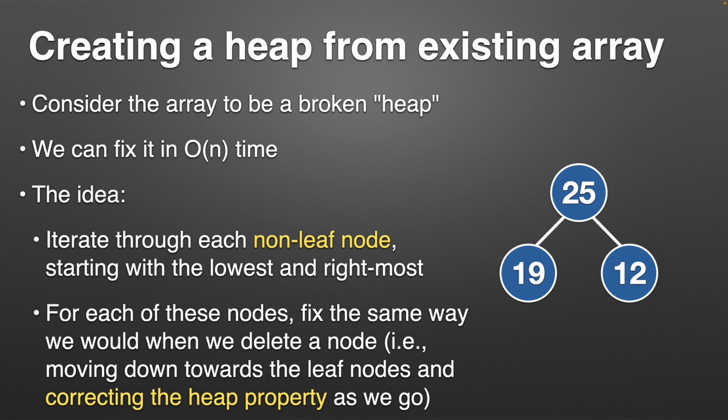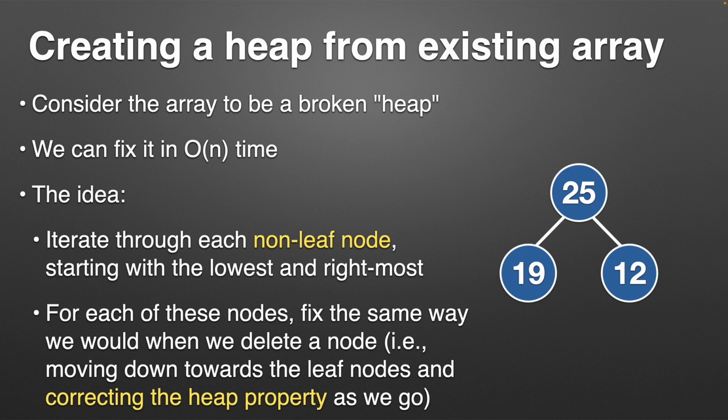The way we can do that in linear time is, you remember with the heap, it's always a full tree. So each level is full, except the last level may not be full. We want to find the first non-leaf node, the one that's kind of at the end, all the way to the bottom and to the right, that is a non-leaf node. In this simple example, these are both leaf nodes, so we would not start with them.